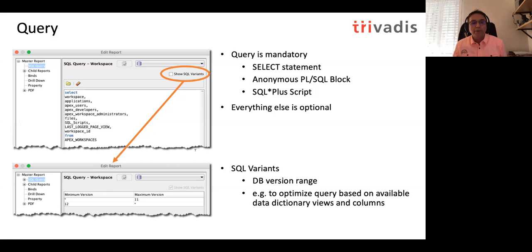You can incorporate everything in the report itself and say the query looks that way from version whatever until 11, and from version 12 where I have additional fields, I can change the query. So it's very neat to have it configured that way. But it's feasible only for the data dictionary views. And of course, SQL Developer uses that stuff itself.